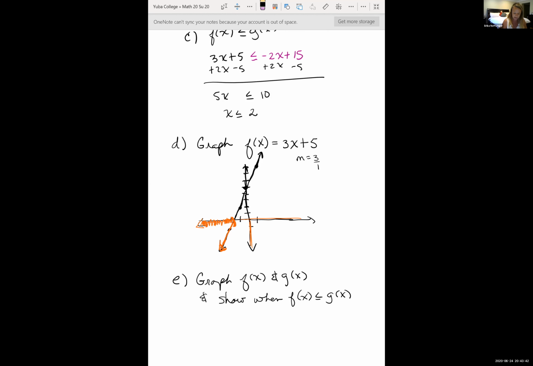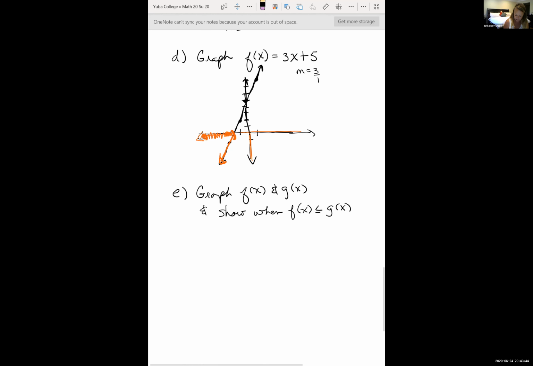If we graph f of x again, we have a y-intercept at 5. If we rise 3, we run 1 to the right. If we fell 3, 1 to the left. And this was our f of x.